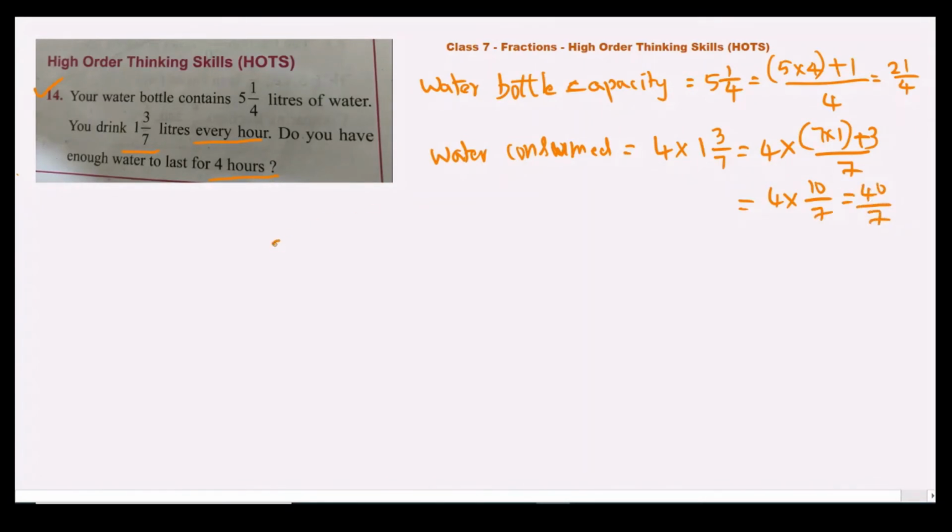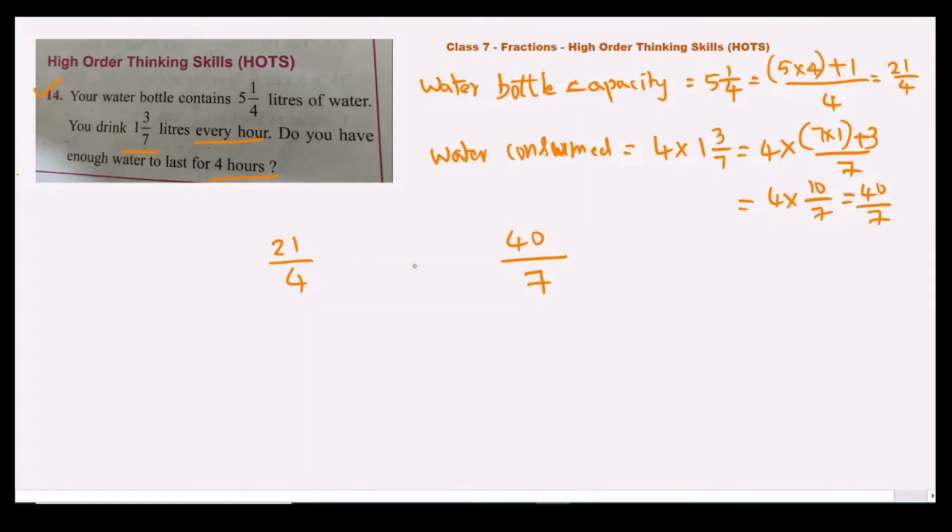So I have 21 by 4 liters of water in the bottle, and I am drinking 40 by 7 liters of water. Whether the bottle has more water, or the person is taking more water, we have to find out. So two fractions I have to compare.